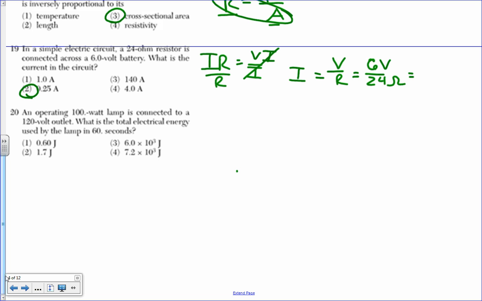Number 20, an operating 100-watt lamp is connected to a 120-volt outlet. What is the total electrical energy used by the lamp in 60 seconds? Well, energy is equal to power times time.